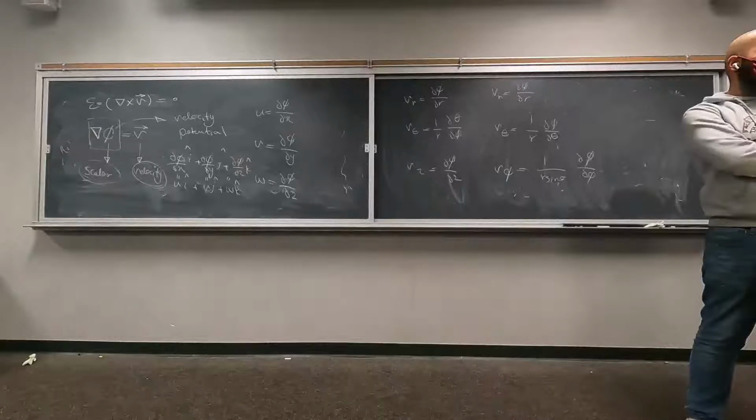Stream functions versus velocity potential. If you go back to the stream function formulas you have had, hopefully in your notes, you will see that we only have U and V and V r and V theta. We don't have the third dimension. But that came from the definition of the stream function. But the assumption we are making to be able to find this del phi is that the flow is irrotational.